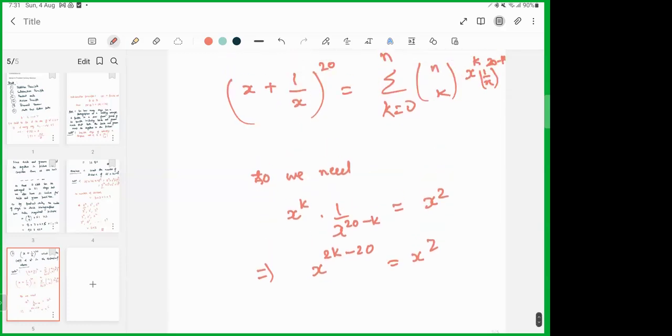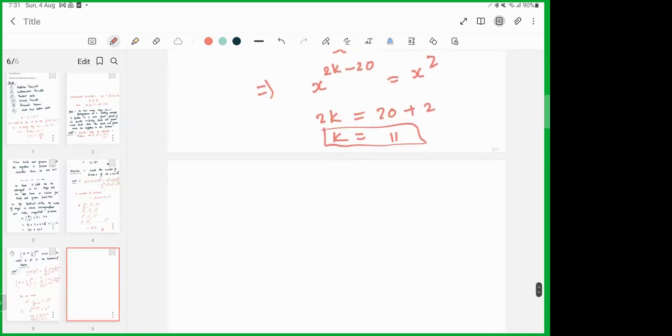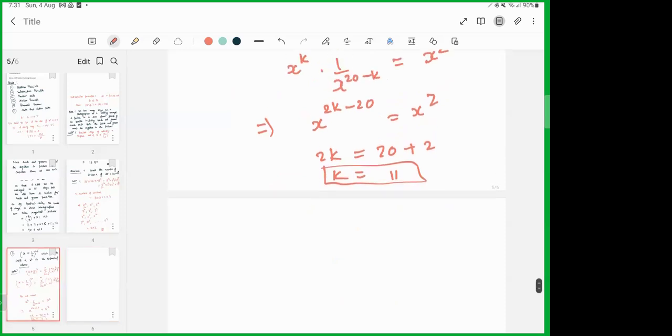That means 2k is equal to 20 plus 2, so k is 11. Earlier someone said k is 9, which is also fine, since 20 choose 9 equals 20 choose 11. So k is 11.